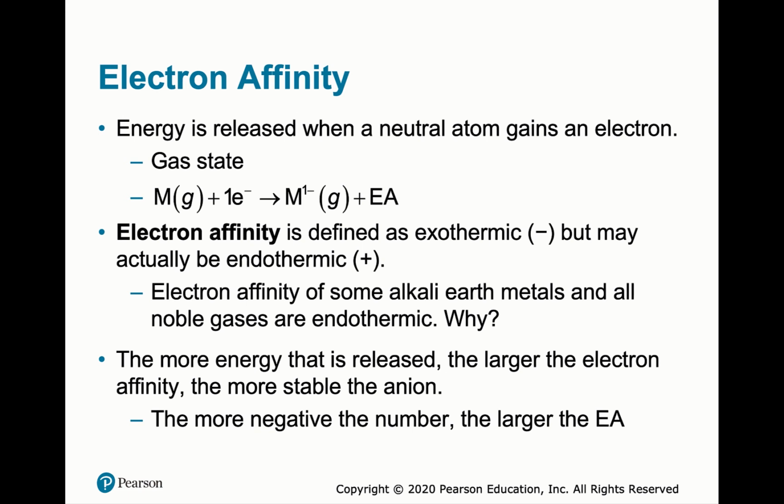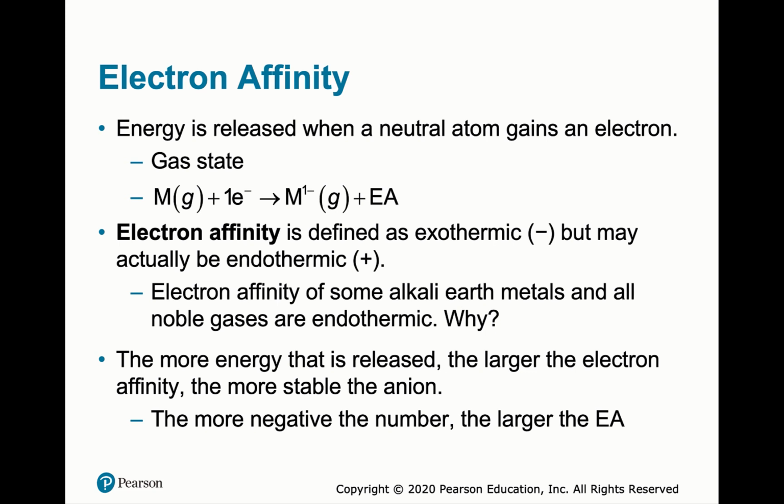Why is it endothermic? Because adding negative electron density to an electron cloud is going to blow up the cloud, and it actually might need energy to blow up that cloud. And don't forget that the noble gases, especially, are already pretty stable, so they don't really want to bond anymore. They don't want more electrons.